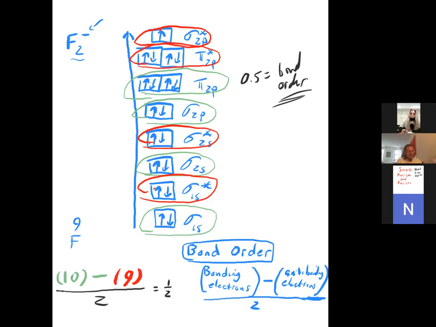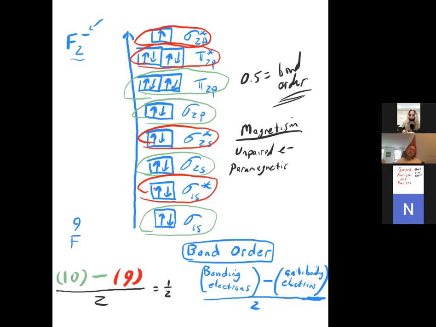The second thing is what they call magnetism. You can tell whether this substance is magnetic or not. If you have unpaired electrons, it's called paramagnetic. And what that means is if you put it in a magnetic field, it'll be attracted to the magnetic field. So if you put a magnet next to it, it'll be attracted to it.